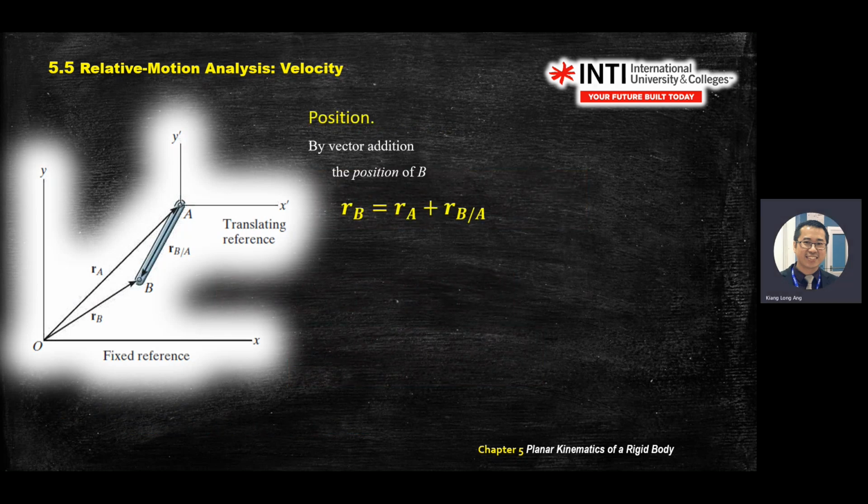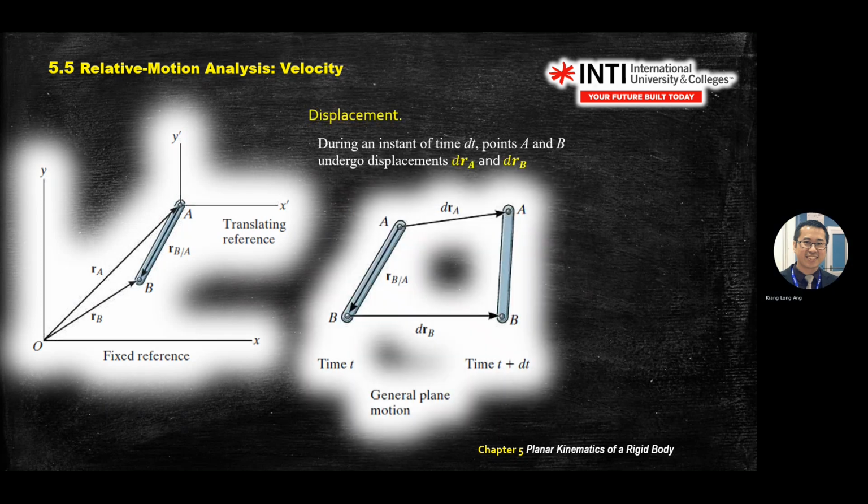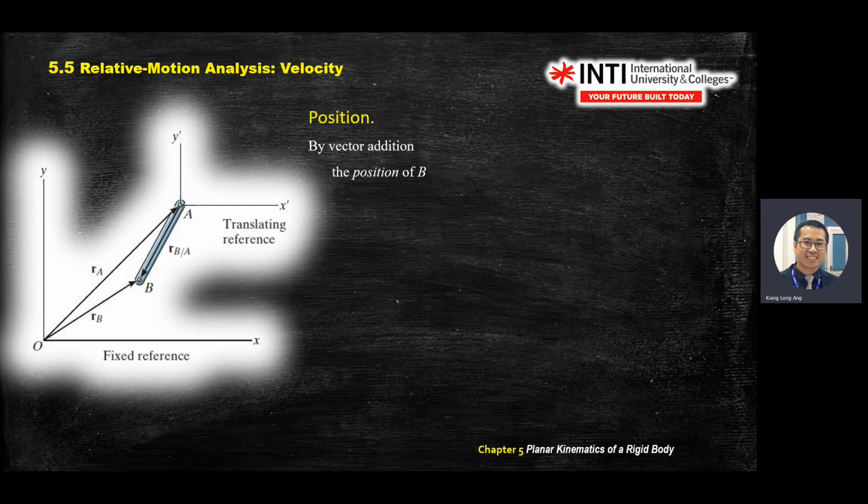So position R B is a result, plus R B reaches the final location, right? So once you have that, we are looking at this.